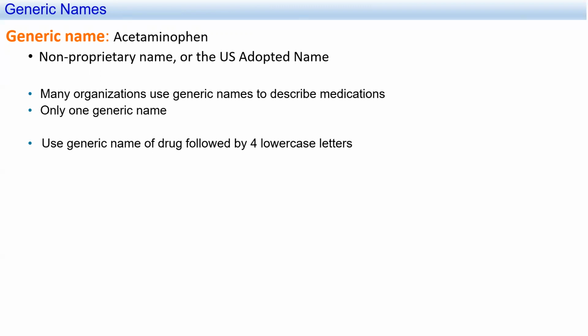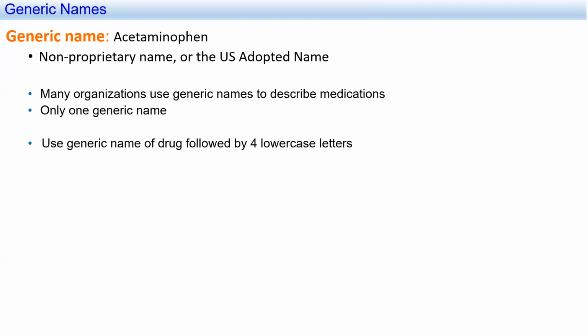And these names are usually the non-proprietary names, or U.S. adopted names, and these names are assigned by the U.S. Adopted Name Council. They are less complicated and easier to pronounce and remember than the chemical names.